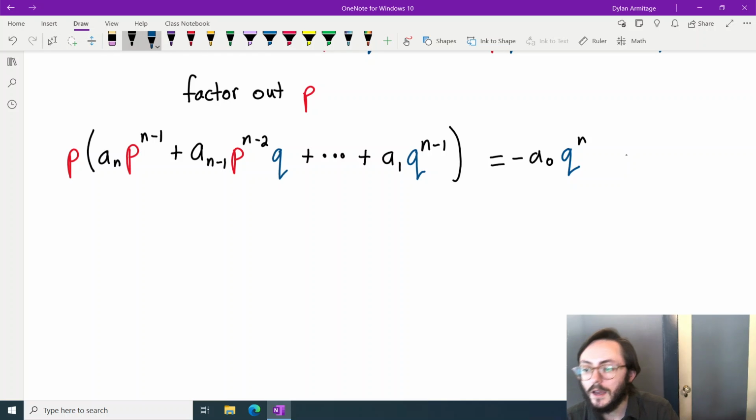So that means that p must be able to divide a sub 0.